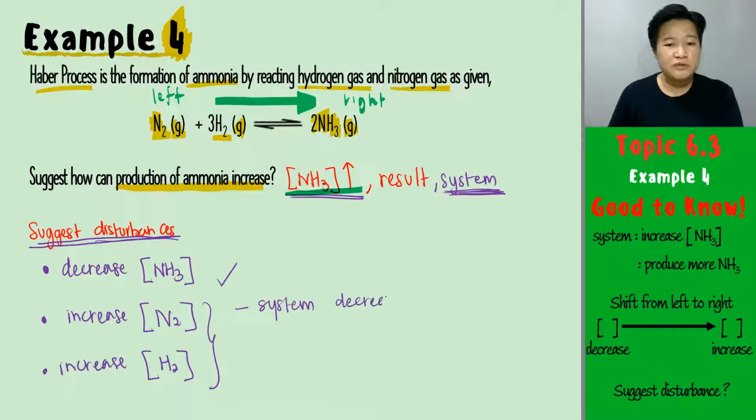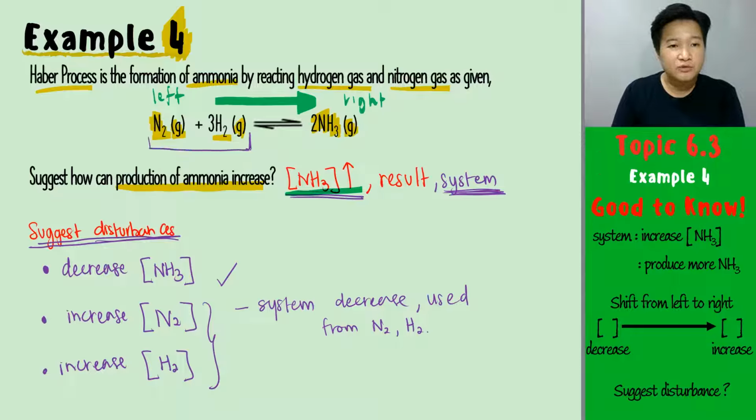When the system tries to decrease them, the system will use them. So I'm having a lot of this. So what will the system do? The system will decrease them by shifting from the left to the right. And the moment you shift from the left to the right, your ammonia will increase.